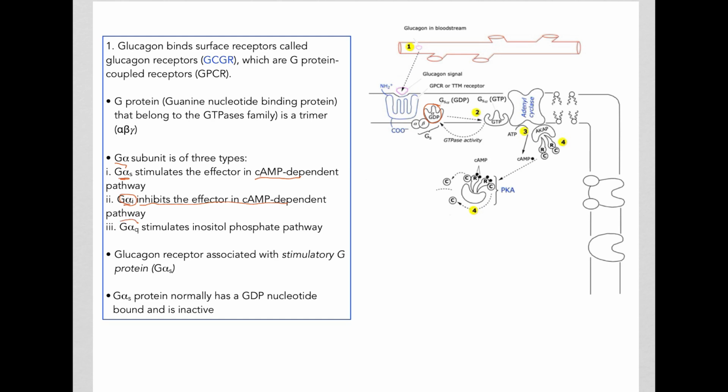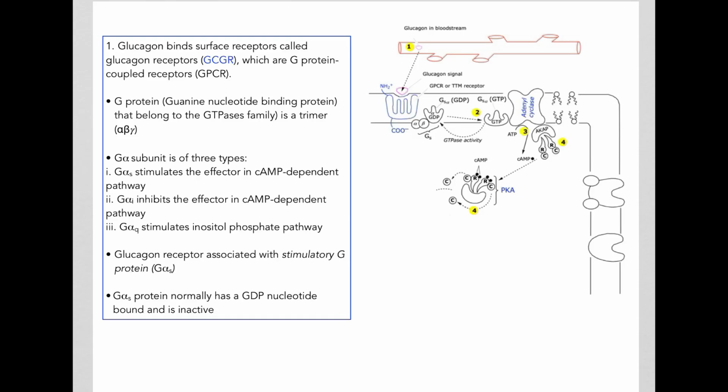And if it's associated with the G-alpha Q protein, then it will stimulate another pathway, which we'll talk about in a few minutes, and that's the inositol phosphate pathway. So, depending on the G-alpha protein that is associated with the receptor, we could have different pathways that could be stimulated or inhibited. Now, the glucagon receptor is associated with the G-alpha S G protein.